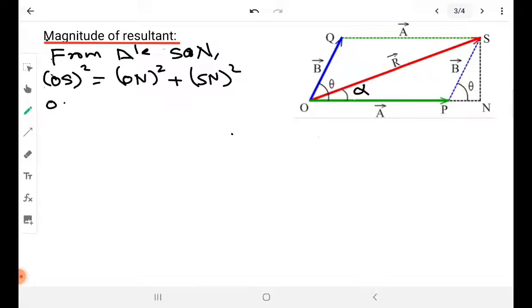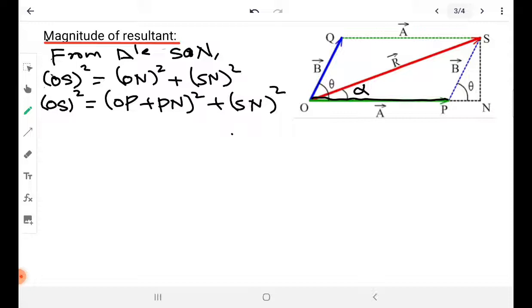Again, OS square is equal to, the value of ON can be taken as OP plus PN, OP plus PN whole square plus SN square.